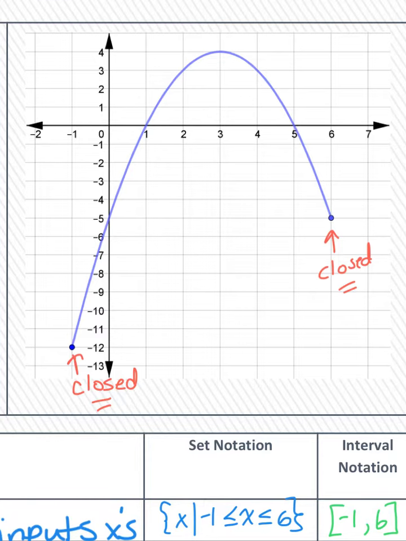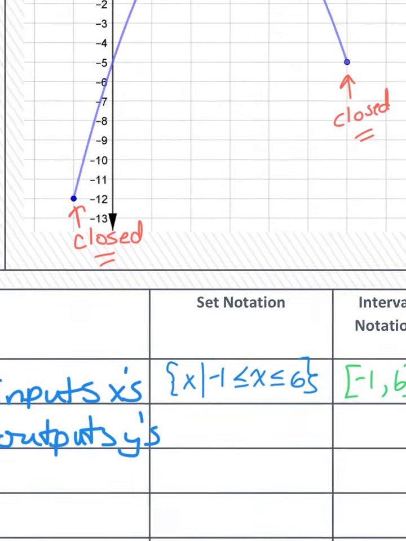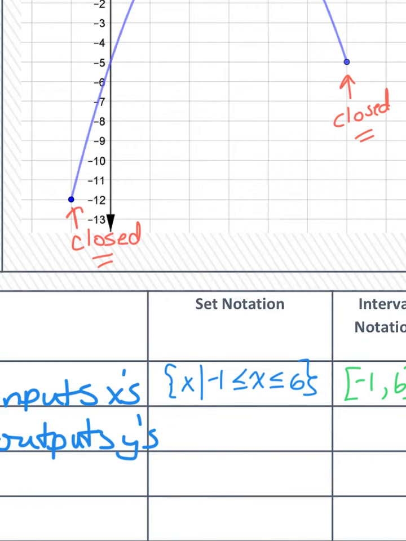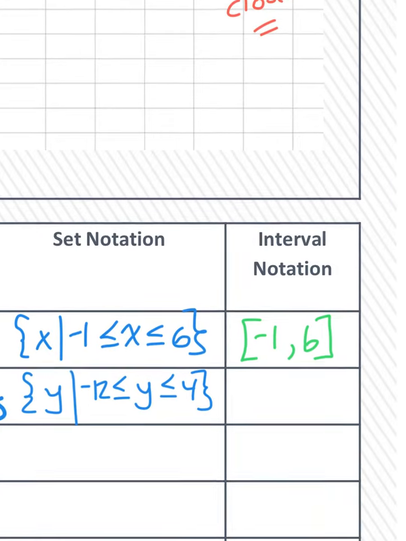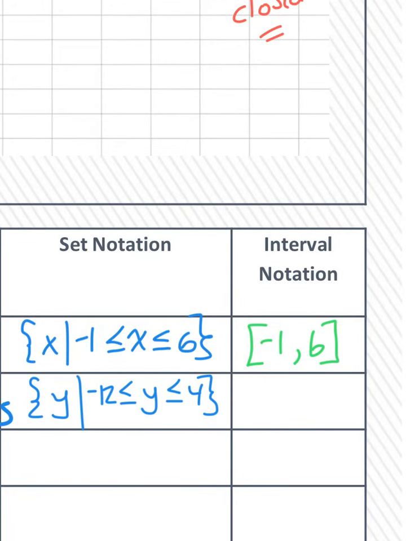So from a set perspective, we've got the set of all values of y such that y is less than or equal to 4 and greater than or equal to -12. And from an interval notation perspective, our minimum is -12 and our maximum is +4, and we're closed on both ends as shown using the brackets.